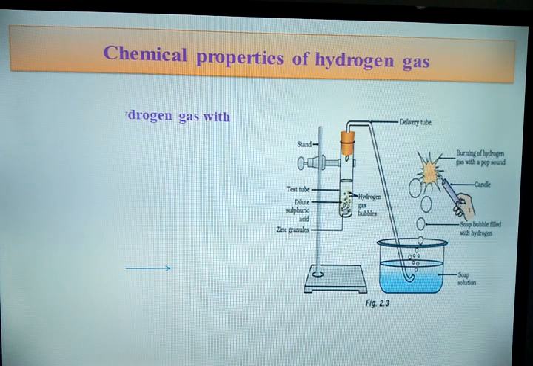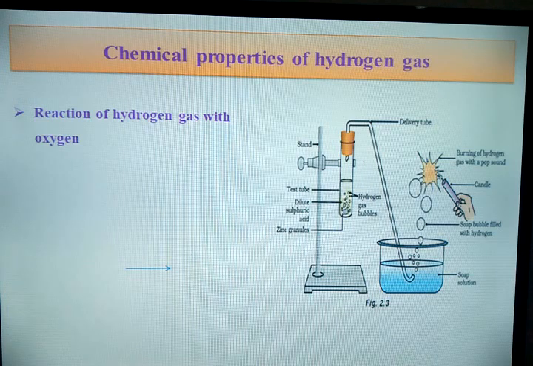Among the chemical properties, here we look at properties that involve equations and reactions taking place. And one of them is how hydrogen is going to react with oxygen gas. In this drawing, you're seeing that hydrogen gas bubbles are formed if zinc is added to sulfuric acid. The reaction will take place and hydrogen is produced.